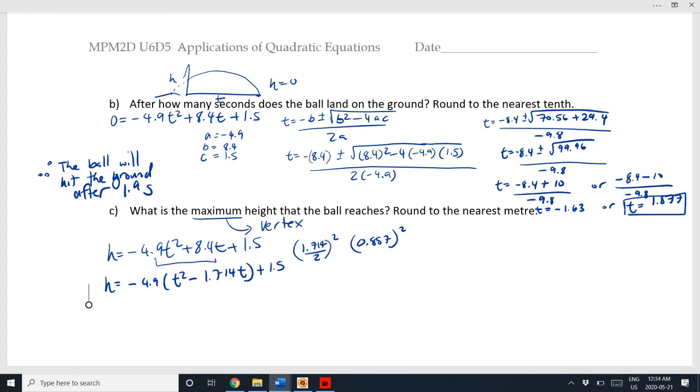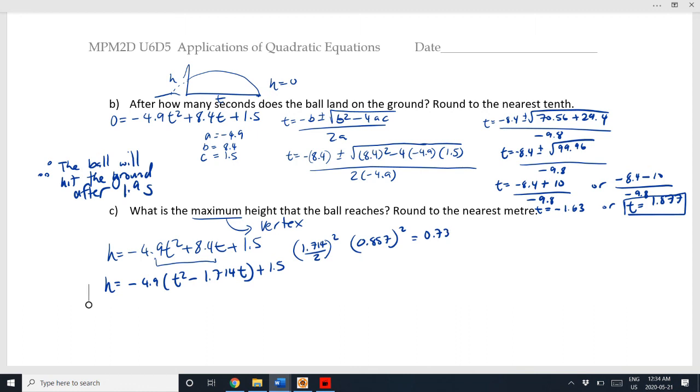And then we have to square that. So just plug that into your calculator, 0.857 times 0.857, and we're going to get this really small number, 0.73449. Okay, so we'll just round that to 0.73. So we'll leave it like that.